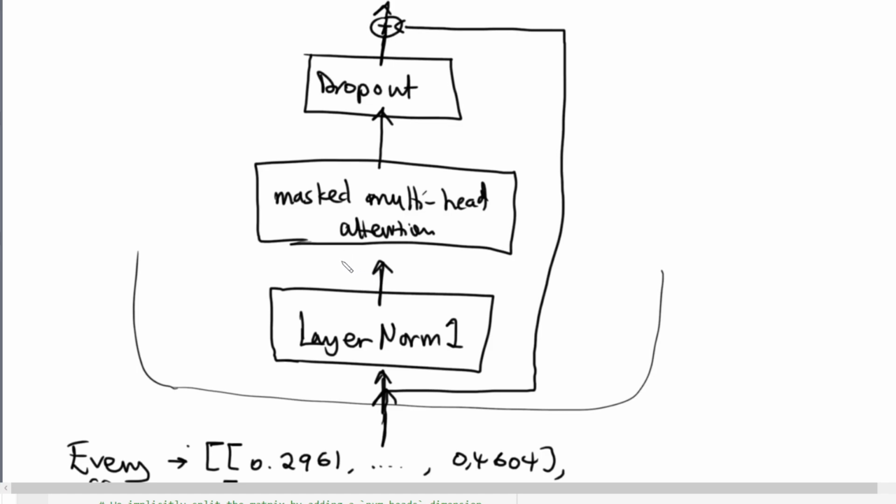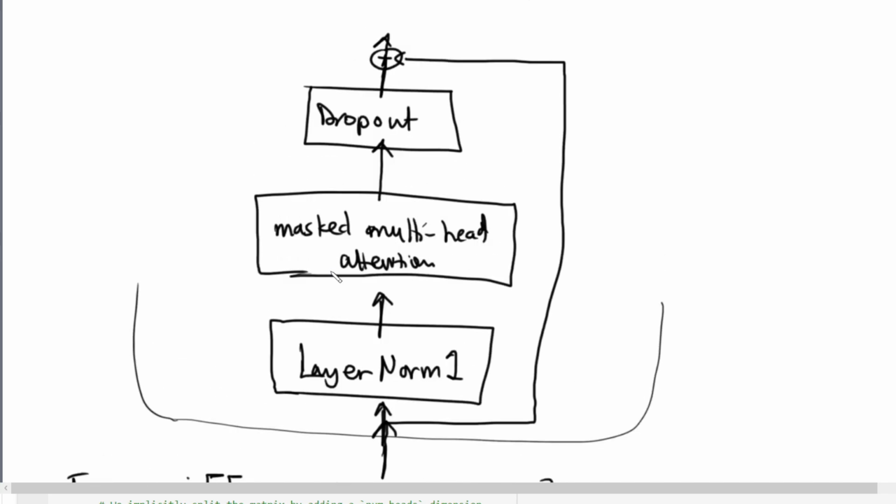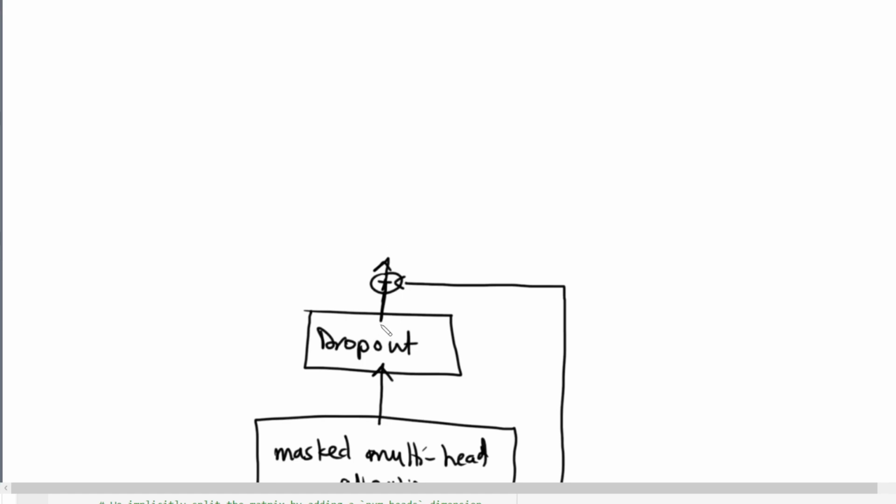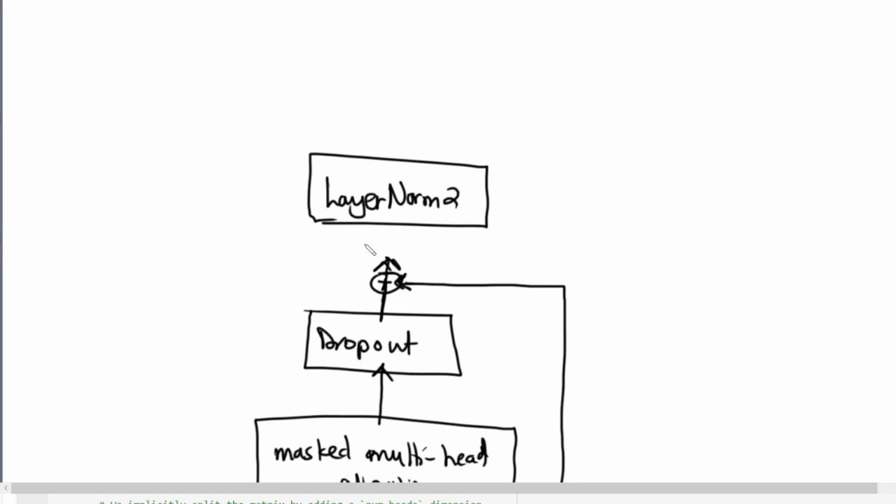Perfect. That is going to be our shortcut. What comes out of dropout is now added through the shortcut. And then we are going to have layer normalization 2. Normalize it again.